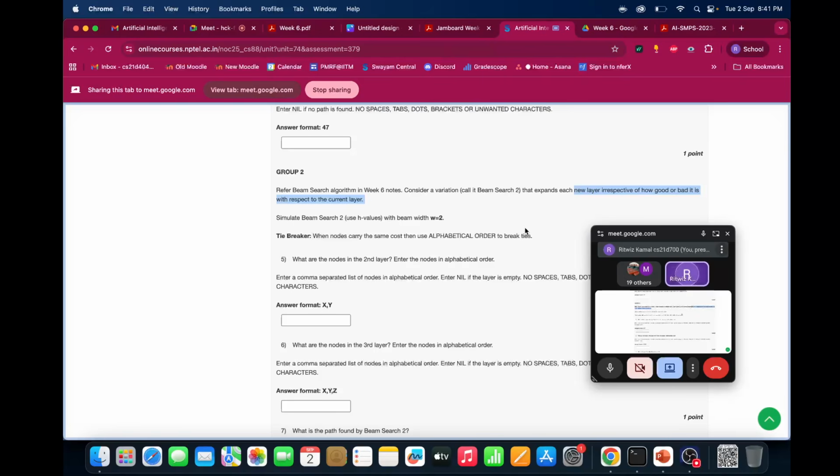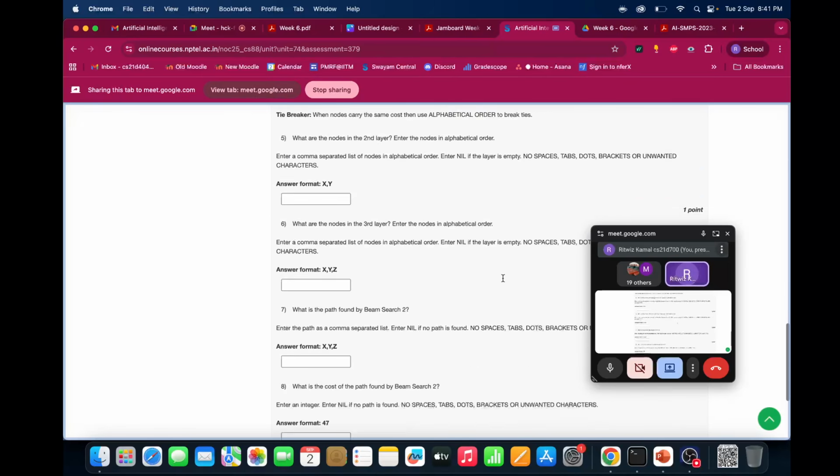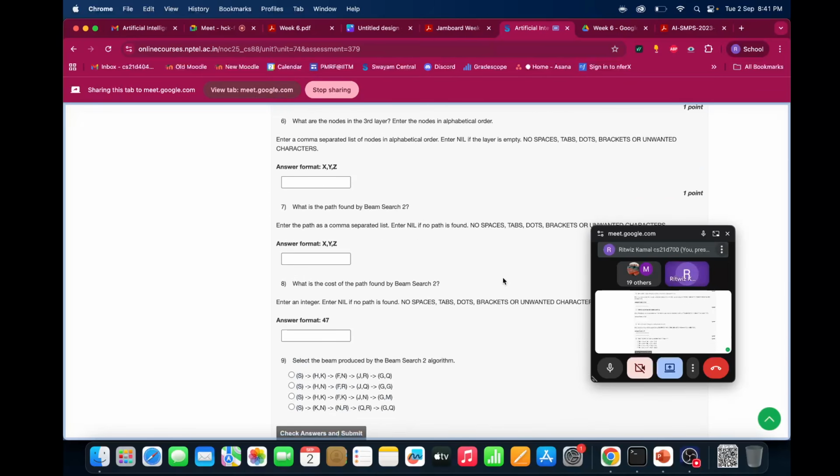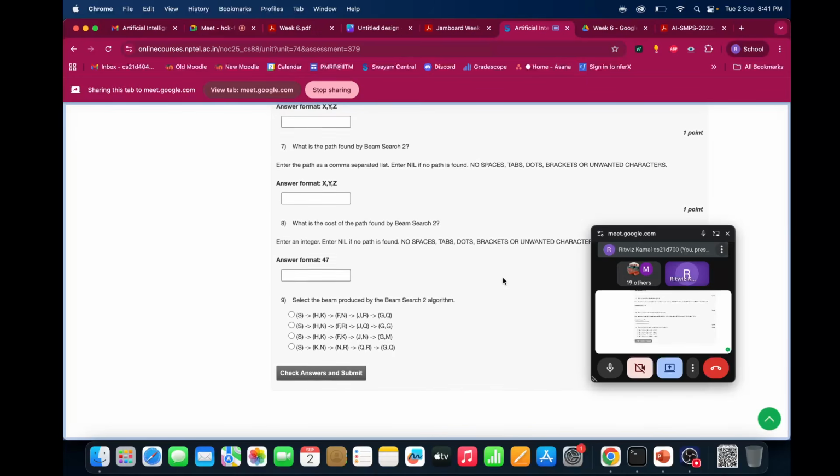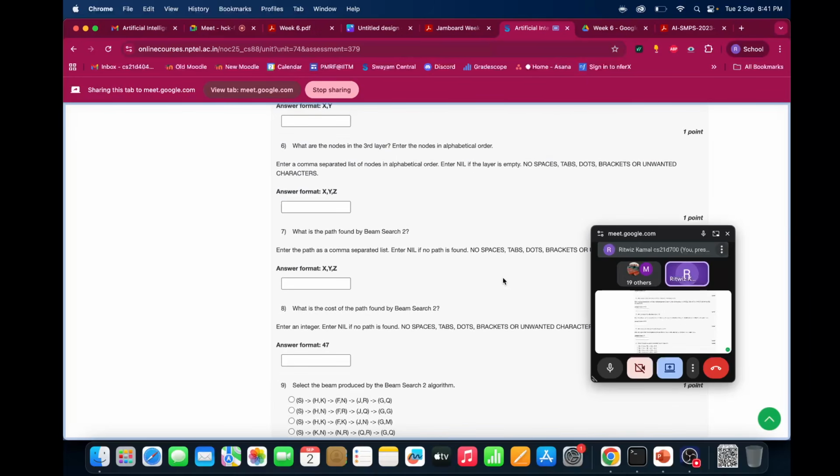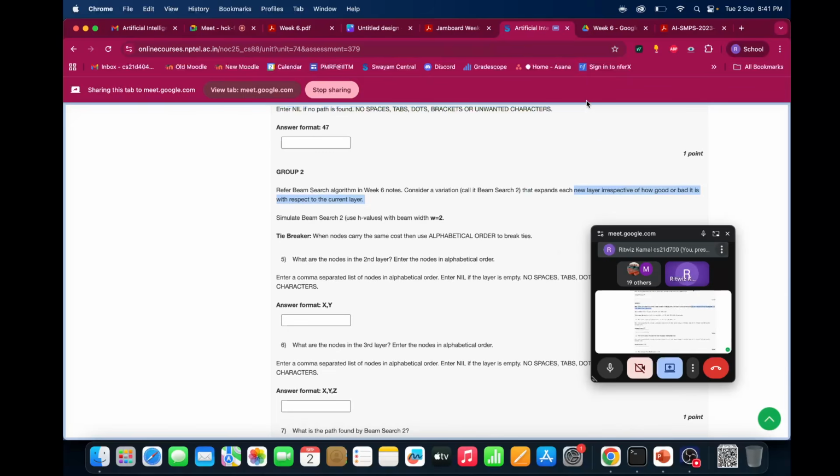That's how you get the second variant of beam search. Even if it's not better than the previous one, we still expand it. That's what it says. Okay, sir.